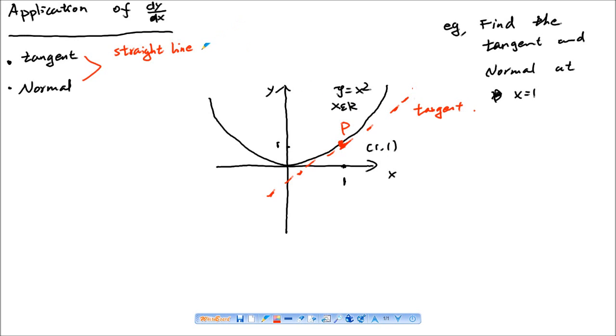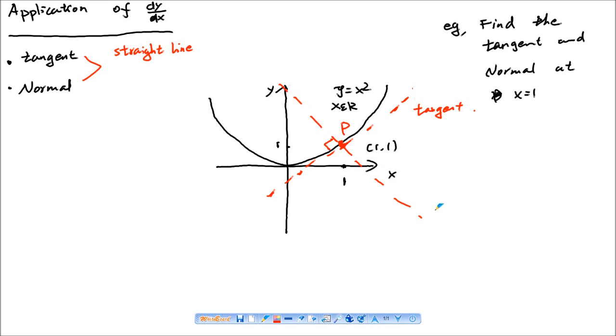The normal is the other straight line that makes a right angle to the tangent.